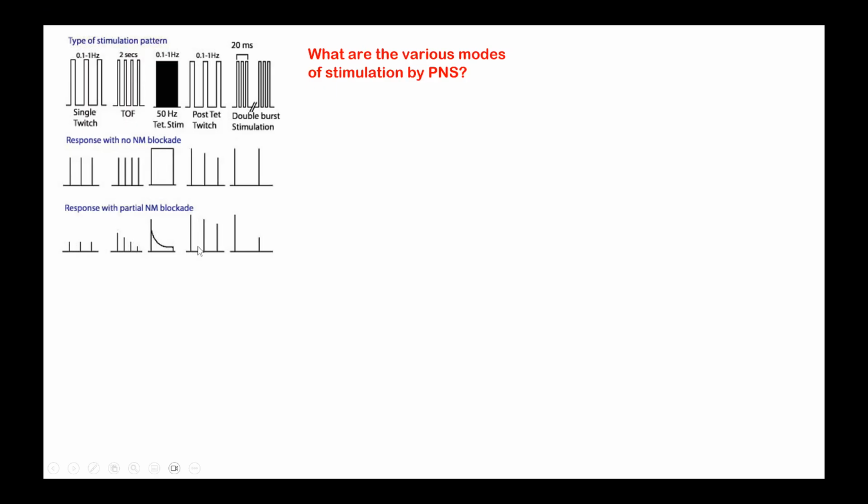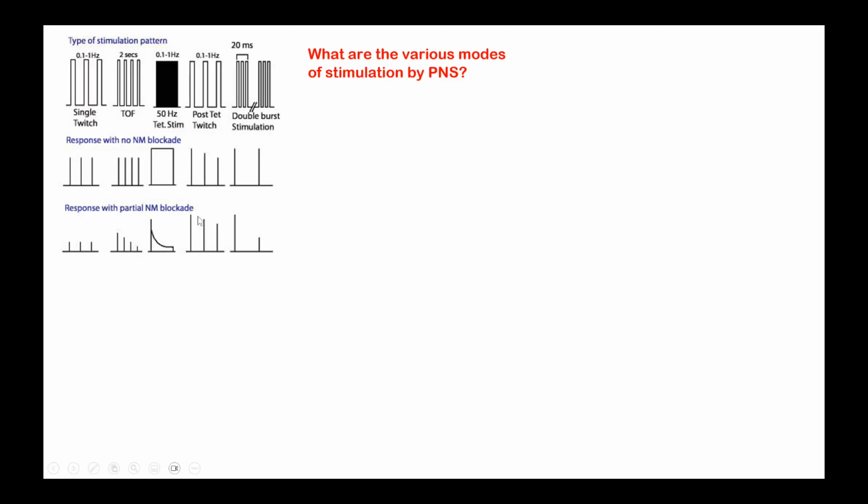You will not get this in depolarizing muscle relaxants like suxamethonium, but all the non-depolarizers like your atracurium, vecuronium, all the common ND blockers which you use, they will produce a facilitation when they are partially reversed or partially faded from the block.